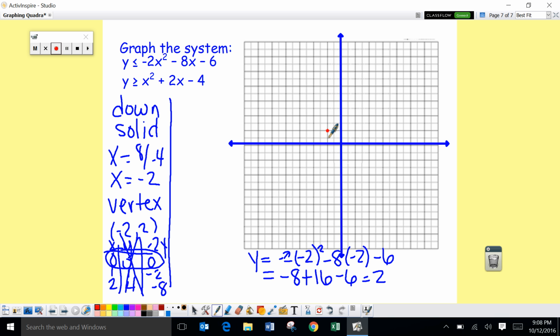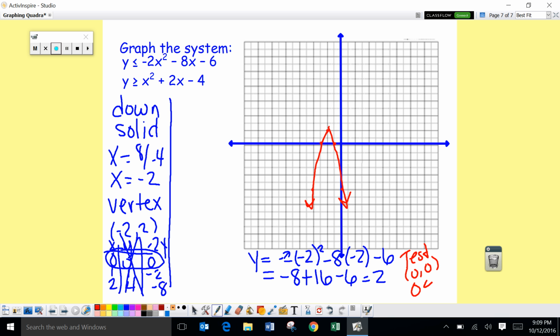Using our parent function table, we're going to go over 1, down 2, reflect it to the other side, and over 2 and down 8, and reflect that to the other side. We can use our solid line to draw in our parabola, and we're going to test 0, 0, because that is on the outside of the parabola.